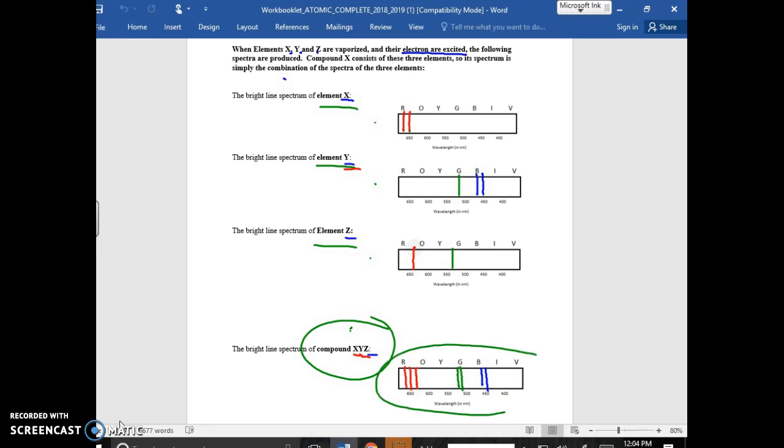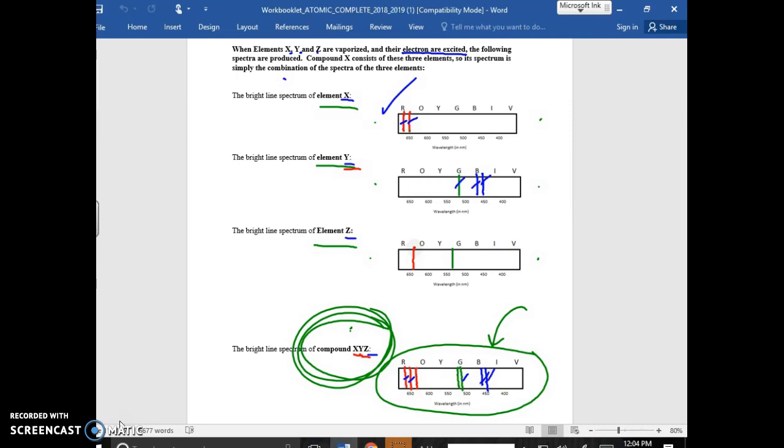So very interestingly, I can identify a compound by comparing the spectral pattern of that compound to, let's say, a library of spectral patterns. And just by comparison, I can see that clearly, these two red lines are in the sample, which means that X is part of it. And then I can see that this green line and these two blue lines come from element Y, so Y must be part of it.